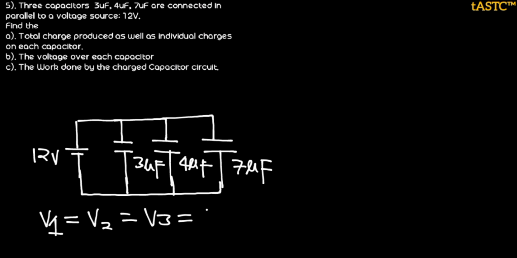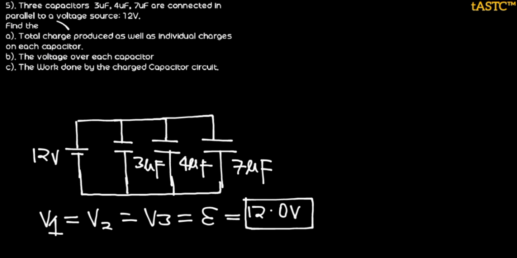They're totally going to be equal to the total voltage or the EMF supplied for that circuit. And in this case that will be equal to 12.0 volts. So you need to remember this. We're going to use it as we solve.